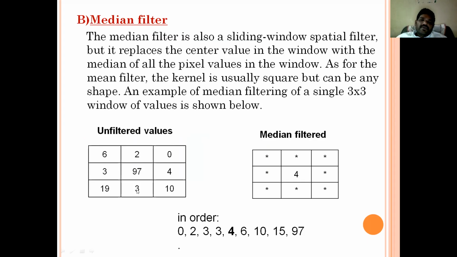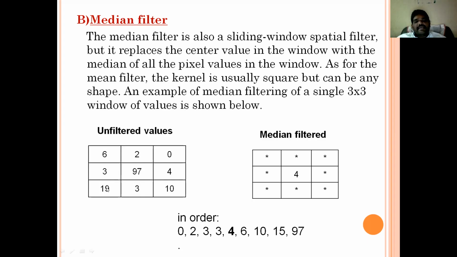See here: 0, then 2, again 3, and one more 3, 4, 6, and then 10, and then after 10, 15 and 19, 97. Sorry, by mistake, here this is 19, then 97. 0 is there, 2 is there, 3 is there, 3 is there, and 4 also, and 6 is here, and 10 is here.